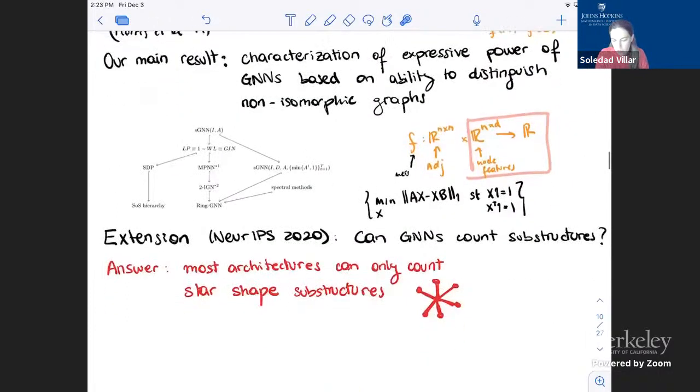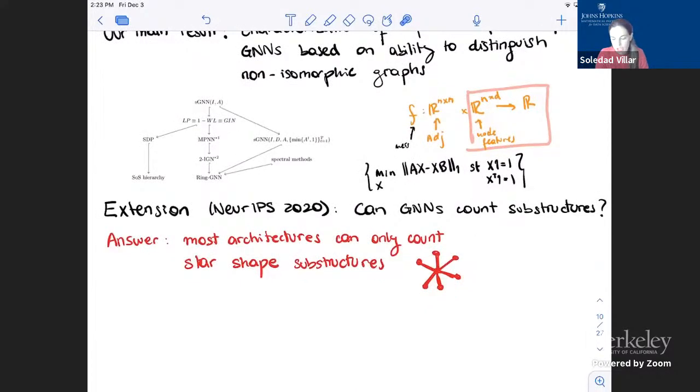We can also show that these GNNs cannot count many substructures if they are defined in this naive way. So I guess that shows that implementing symmetries is not always working very well.